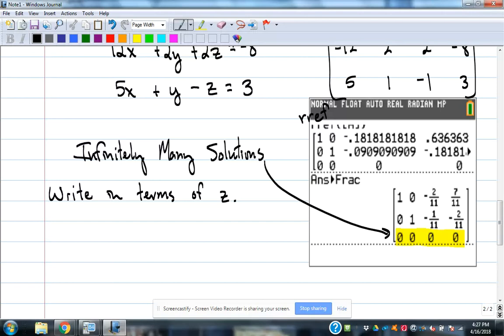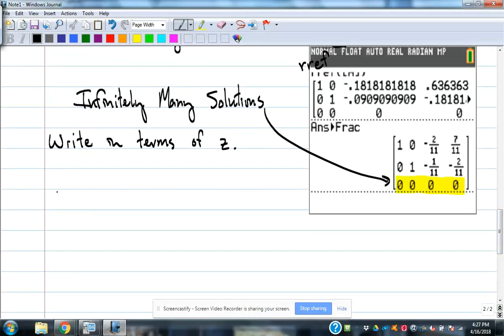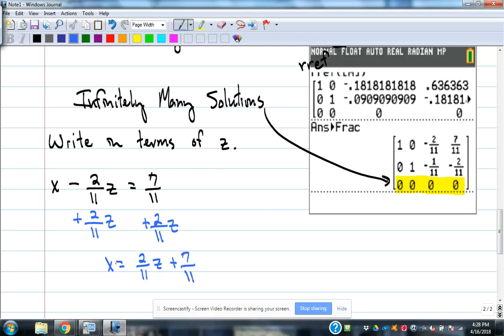The other two rows give us that x minus 2 over 11z equals 7 over 11. Could I get x in terms of z with that? That means get x by itself. How do I get x by itself for that equation? Yeah, add the 2 over 11z. And that's going to give us x is 2 over 11z plus 7 over 11.